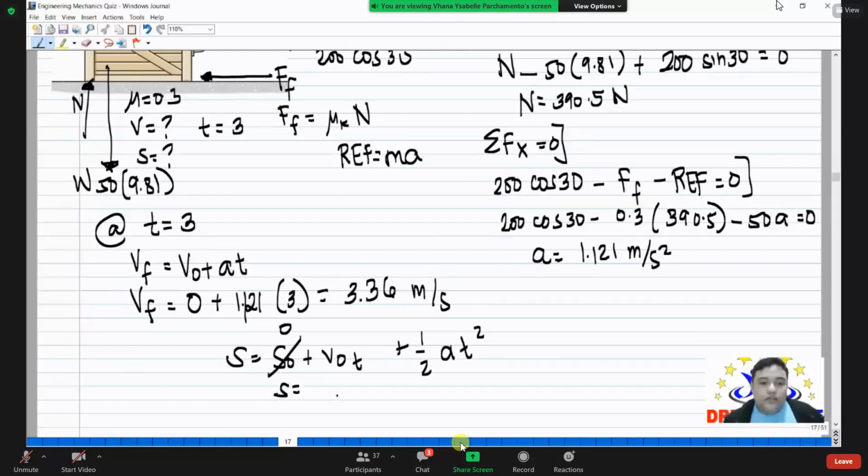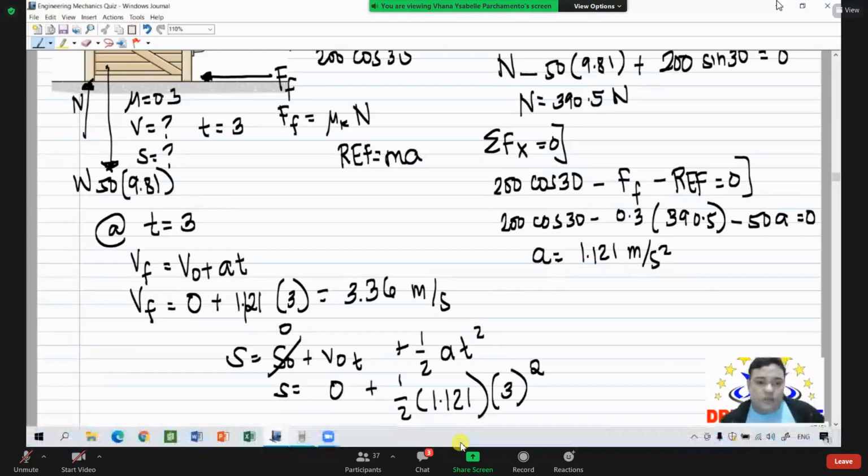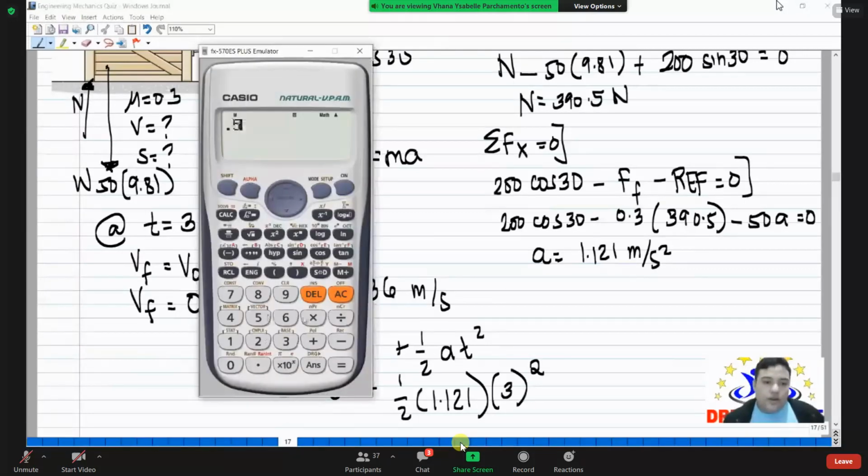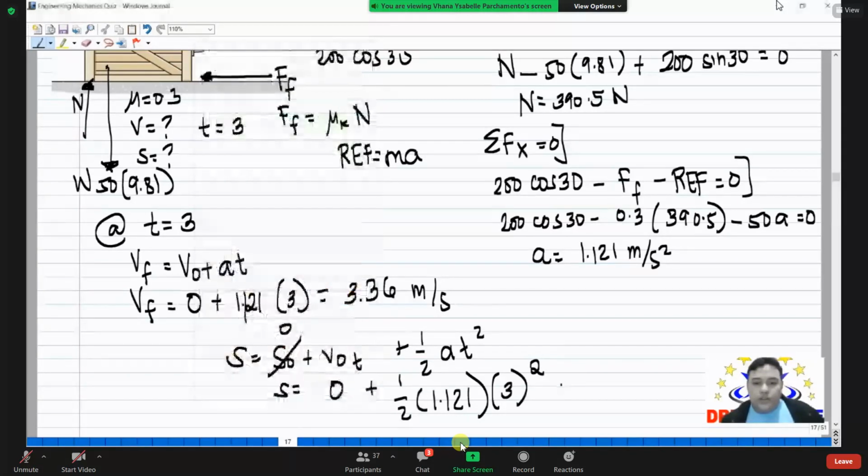So therefore S is equal to VO, initial velocity 0, plus 1/2 times 1.121 times our time squared. So that is 0.5 times 1.121 times 3 squared, which is equal to 5.04 meters. So that is letter B.